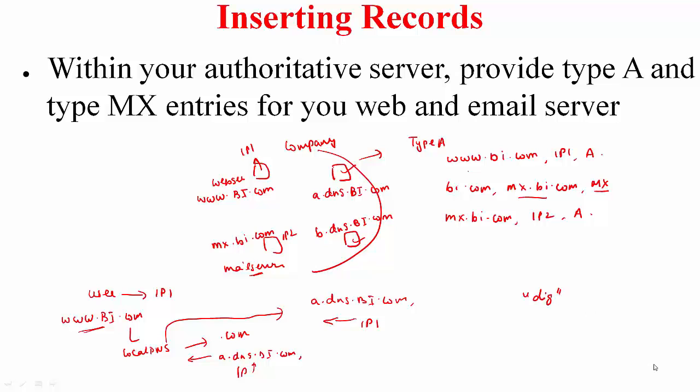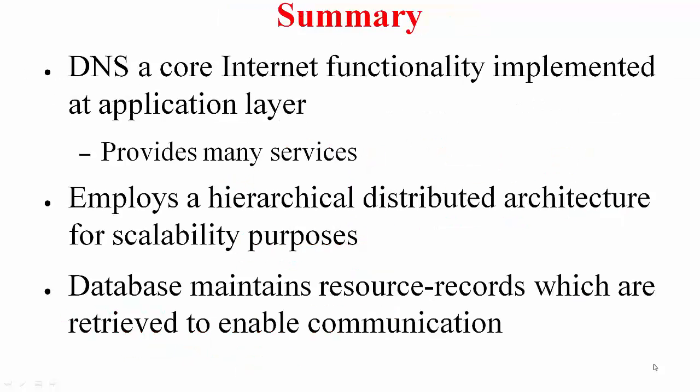So to summarize, DNS is a very core internet functionality that is implemented at the application layer. It provides not only the host name to IP address translation, it also provides host aliasing, mail server aliasing, as well as load balancing. The way it implements this service is via a hierarchical distributed architecture for scalability reasons.